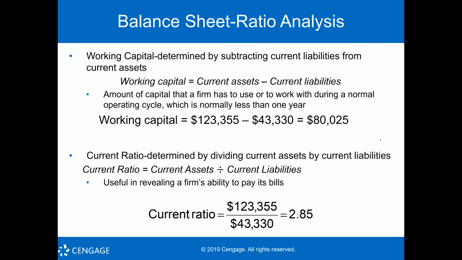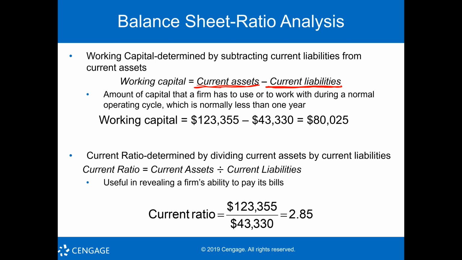Ratio analysis. One thing I forgot, it wasn't in the PowerPoint slides. I'm not sure how it got missed. They talk about working capital, just like it shows here. Working capital is the difference between current assets and current liabilities.